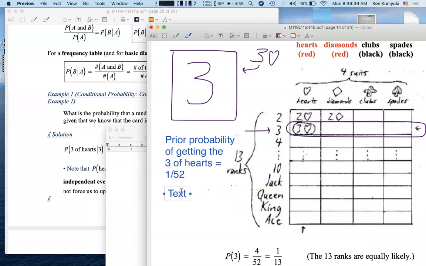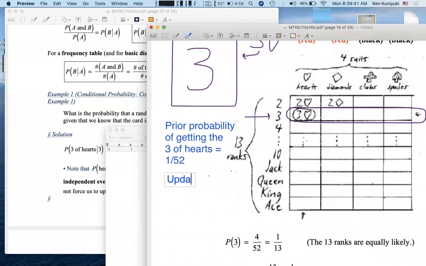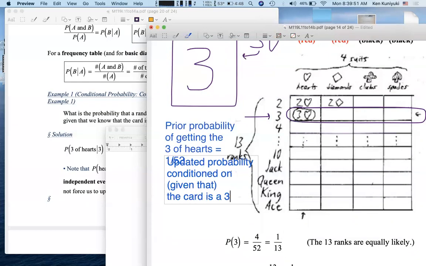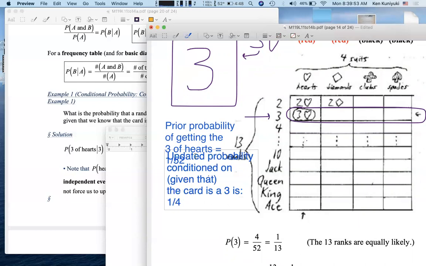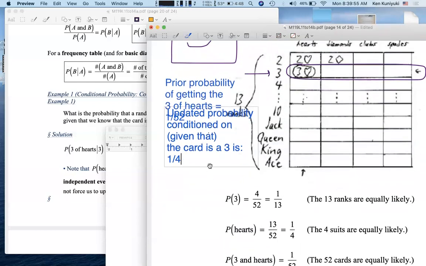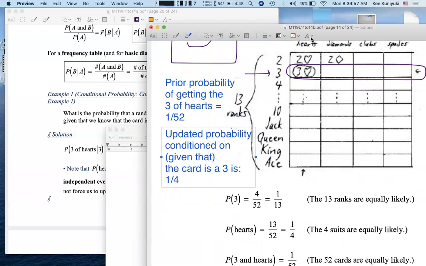Again, I'm taking the Bayesian approach, this idea of updating probabilities. The updated probability conditioned on or given that the card is a 3 is 1/4. I'll put this in red.